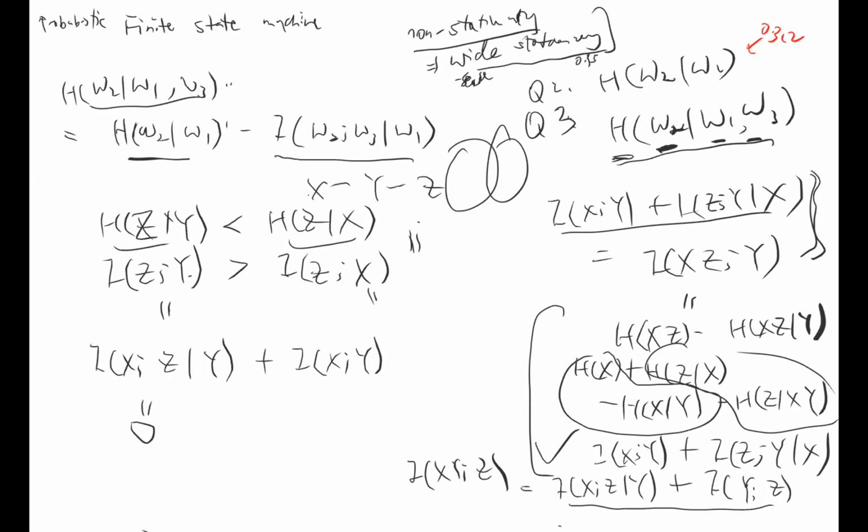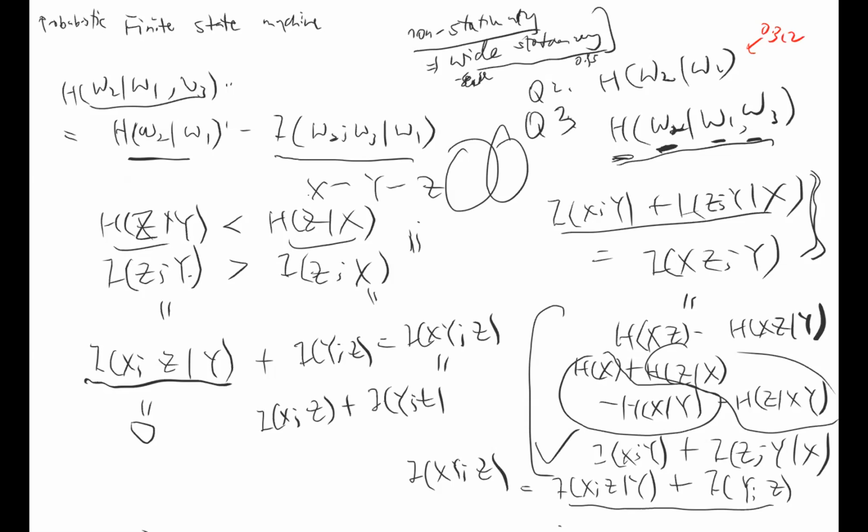Now maybe what I want is that I don't want to add this, maybe I want to add something else. I know this is equal to 0 here, just because of the Markov property, because of the Markov chain there. And so I will just add I(Y; C) here. If I add I(Y; C) here, together I will get I(X; Y; Z). Now I can split it in another way. I will split this again as I(X; Z) plus I(Y; Z given X).